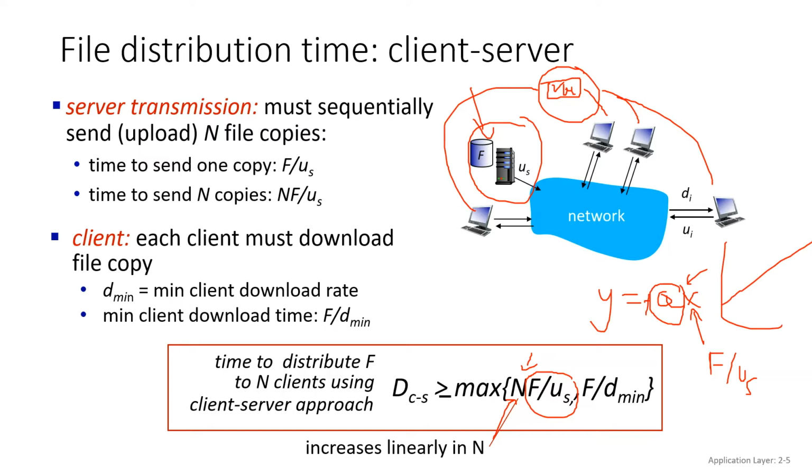Assuming that a is positive, it will linearly go upwards. So the more computers we have in the network, the greater distribution time we'll have in the network, in terms of distributing the file.